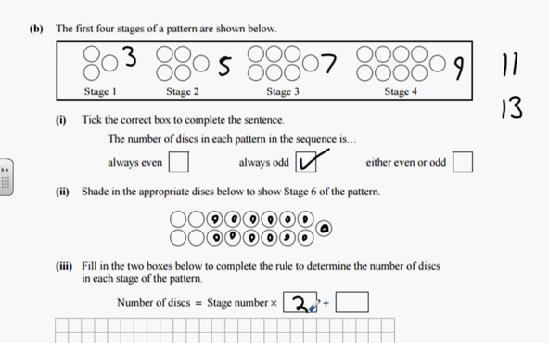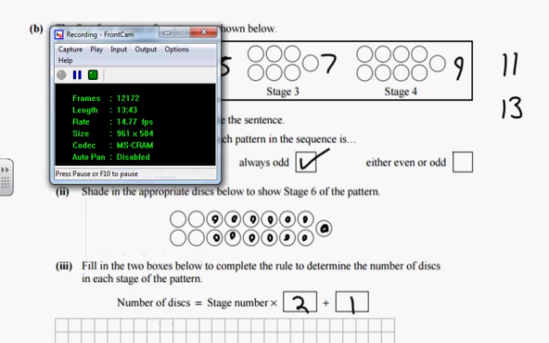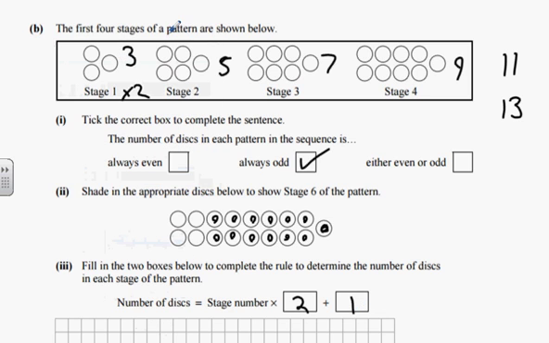Now, let's look at it again. 2 times the stage number would be 2 times 1, which gives me 2. How much am I short? 1. Plus 1. Let's try it again. 2 times stage 2 is 4. I'm 1 short, which would put it plus 1. Just to hit the point home, this rule works for every stage. Stage 1: 1 times 2 is 2, 2 plus 1 is 3.